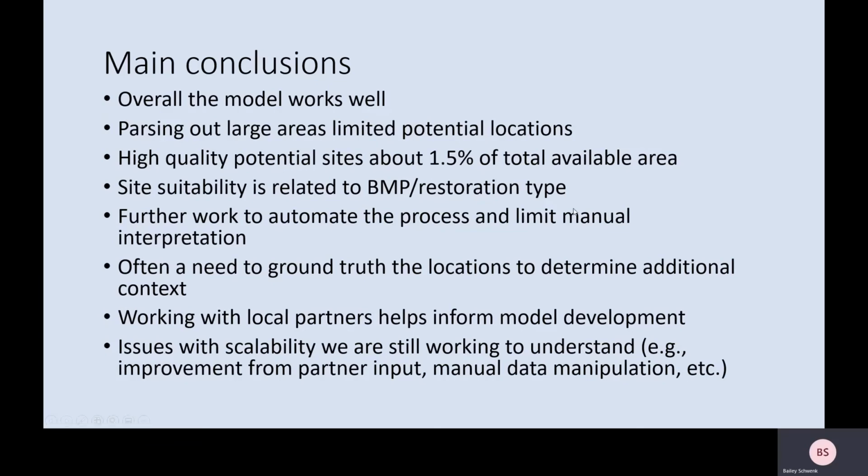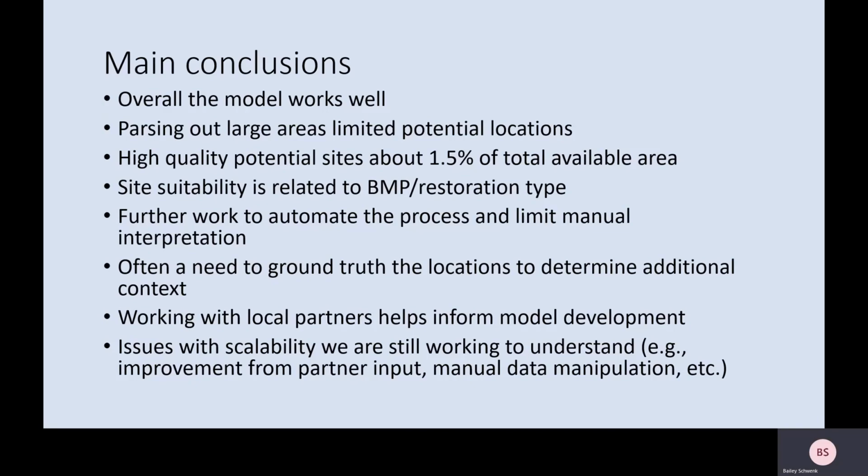Further work needs to be done to automate the process and limit manual interpretation, such as the parcel type, because inputting public and private land data on a large scale is not feasible. We often had a need to ground truth locations to determine additional context, and working with local partners helped identify ways to improve model development.